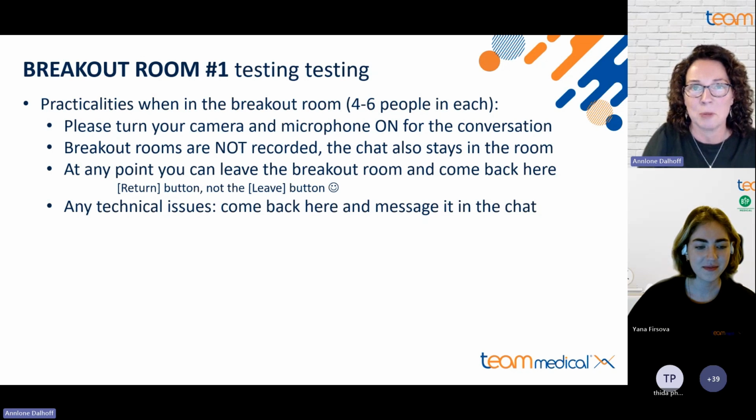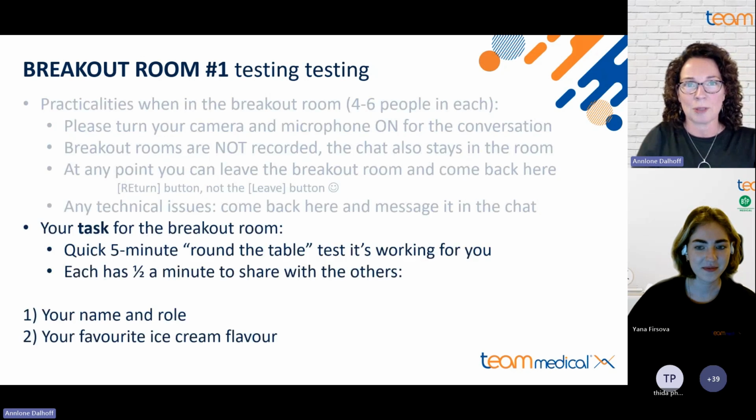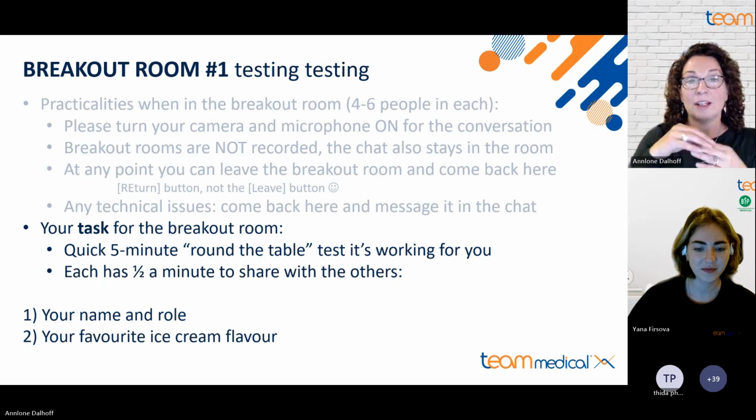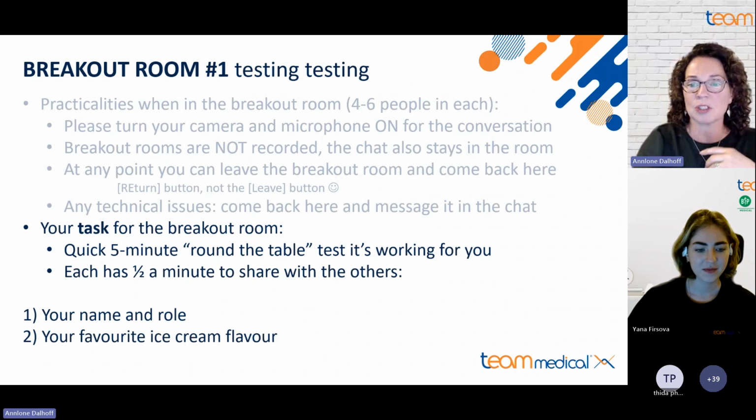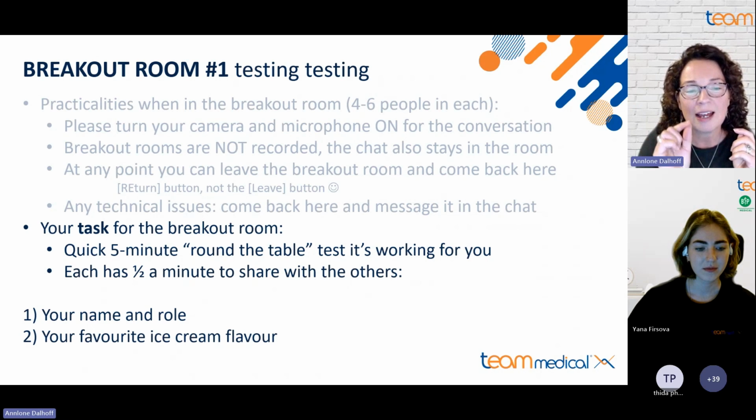Now to the very important task. What are you going to talk about in this breakout room? You will have a quick 5-minute round the table. It's really just to test this is working. Each one of you just has half a minute to share 2 things. So write down right now for yourself your name and role and your favorite ice cream flavor. This is just for fun.